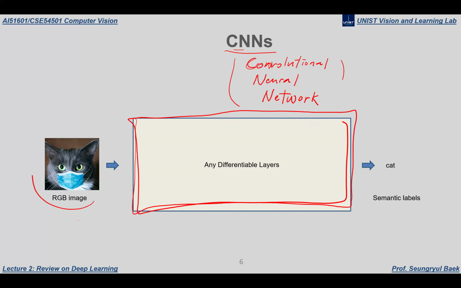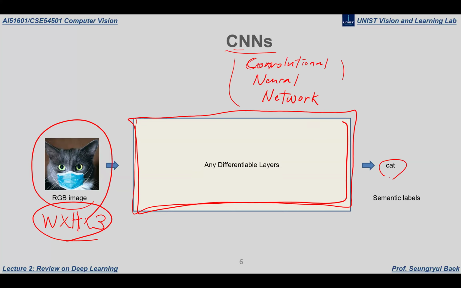Okay, so this is the RGB image, a width by height by three-channeled input array. And our aim in image classification is to predict some one-dimensional vector having n dimensions, where n denotes the number of classes.